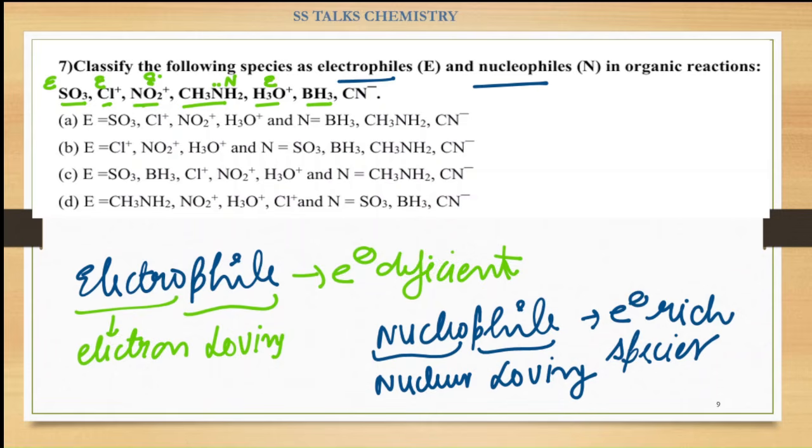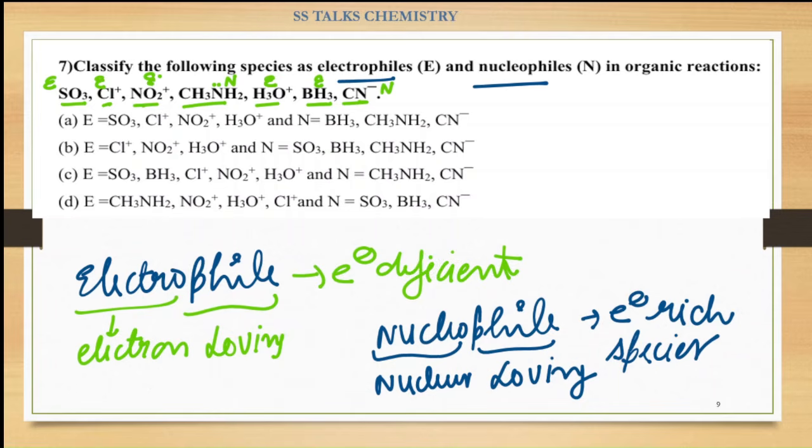Next is BH3. Again, there is a presence of a vacant p orbital in this, so this is going to be your electrophile, right? Next is CN negative. It is bearing a negative charge, so it is an electron rich species. So this is my nucleophile. So CH3NH2 and CN negative are the nucleophiles. The remaining are your electrophiles. So you can check this in your options.